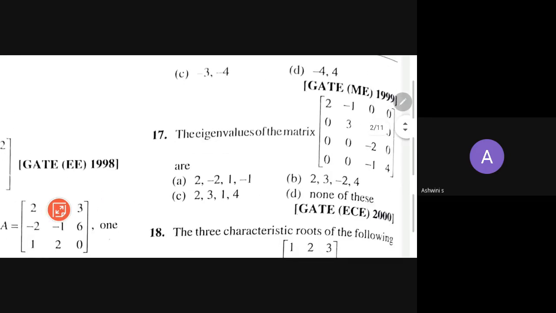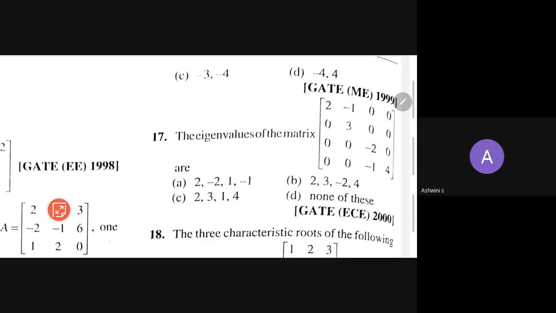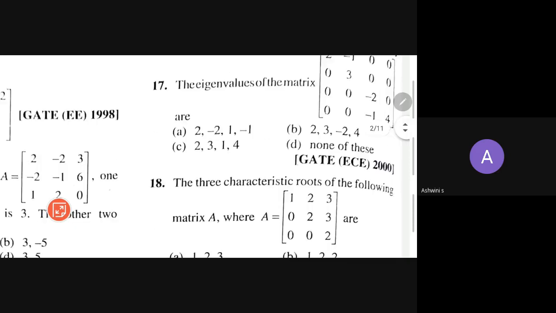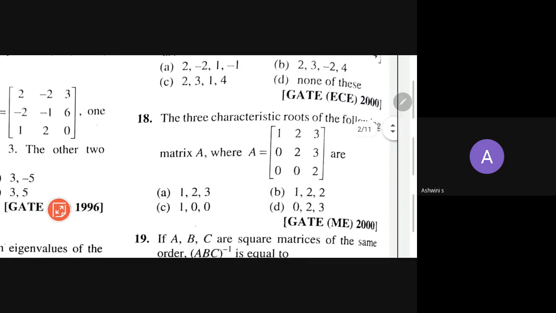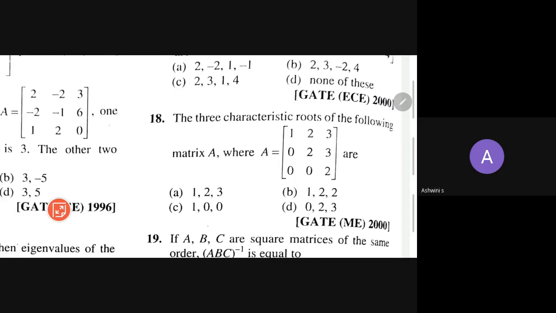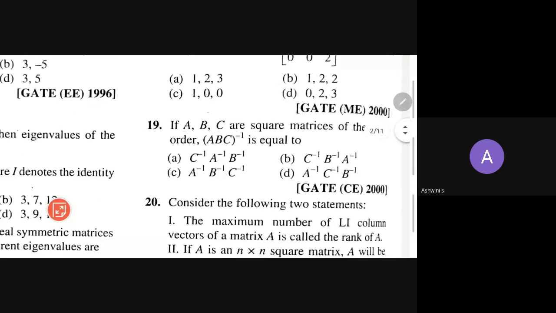It is a similar question, I think. The characteristic roots of the following matrix. I think it is straightforward. It's a triangular matrix. If you have A, B, C as square matrices of the same order, then (ABC) whole inverse. Can anybody tell?